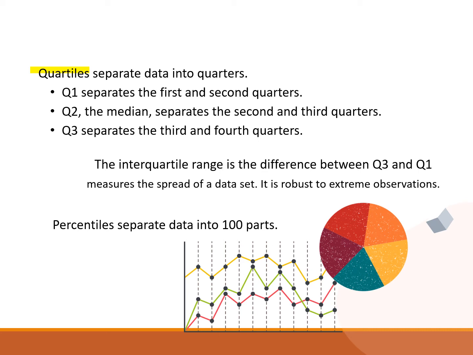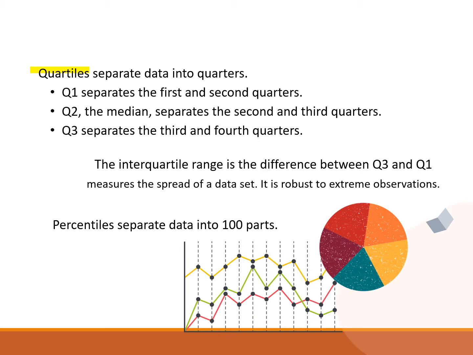For a percentile of 100, we have four quartiles that can be derived. Each quartile consists of 25%. If you sum up all four 25s, that will sum up to 100.